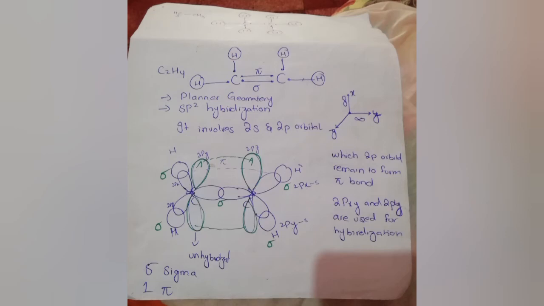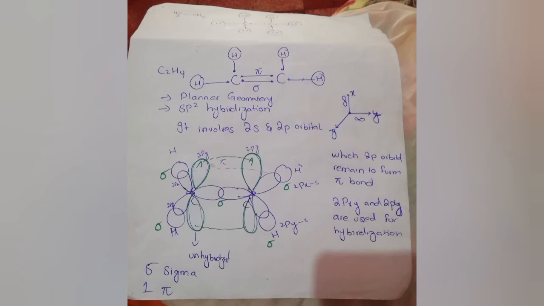It involves 2s, 2px and 2py, while 2pz remains unhybridized. Firstly, the sigma bond is formed, then the unhybridized 2p of one carbon and 2p of the second carbon form a pi bond. So here one sigma and one pi bond are formed.